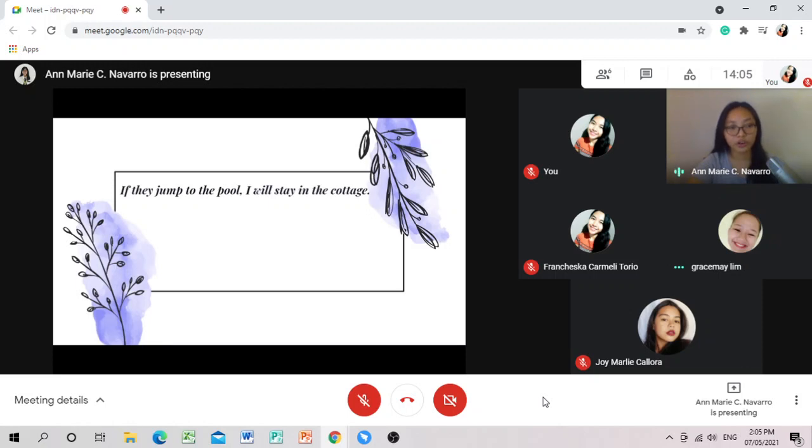Very good. But how can you say that it is a conditional phrase? Yes, Miss Torio. Because according to the structure earlier, the condition is next to if. Yes, that's right. Nice observation. So, what about the result clause? Anyone?